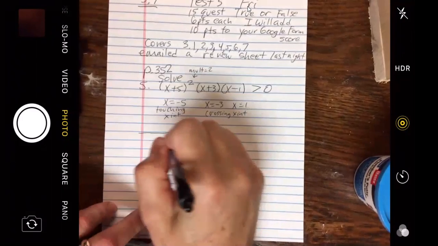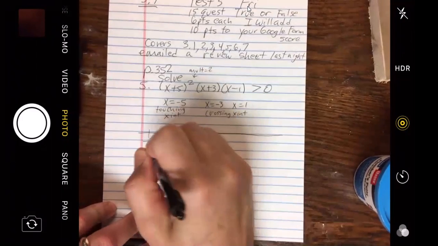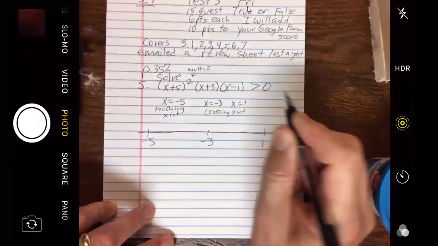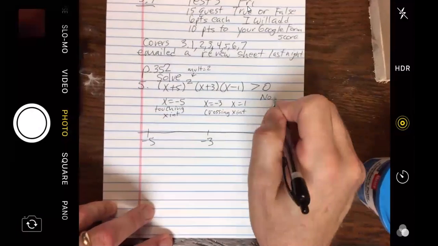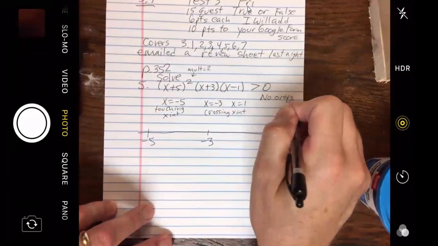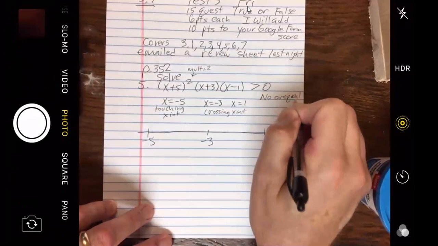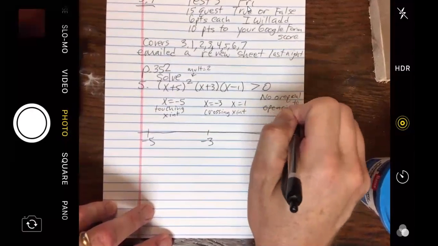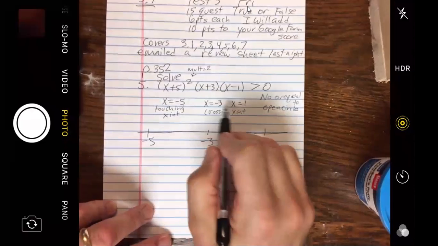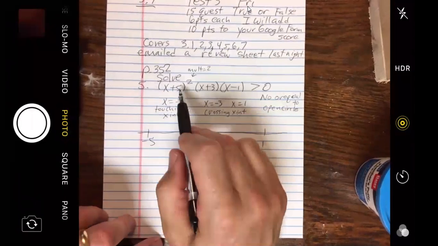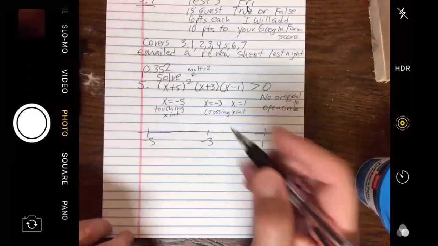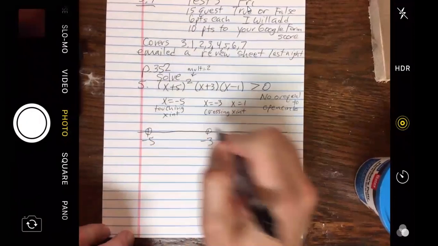We will lay it out: -5, -3, 1. Notice no 'or equal to,' so open circles. These numbers are not answers. Stick them in, you get exactly 0, which is not greater than 0.